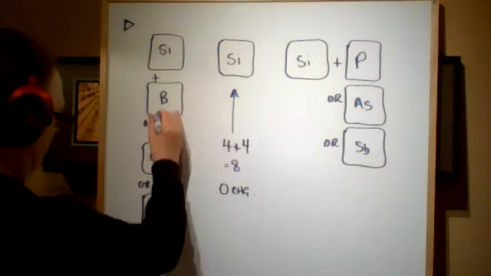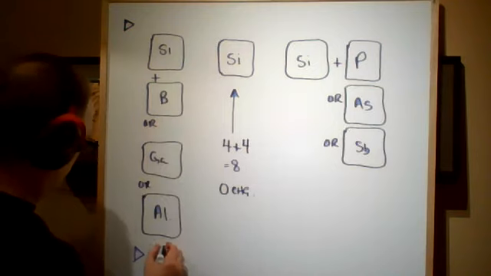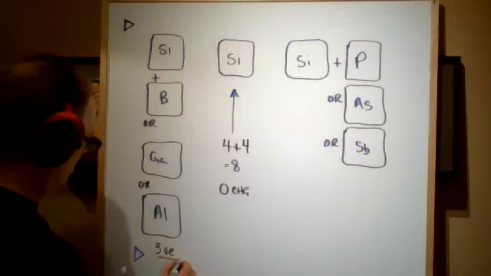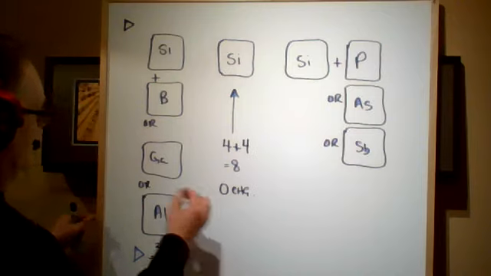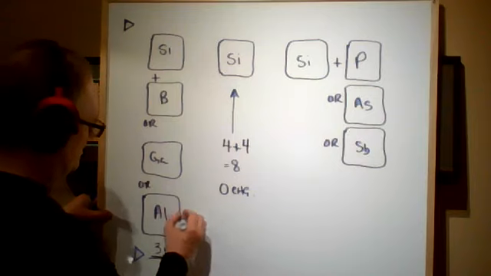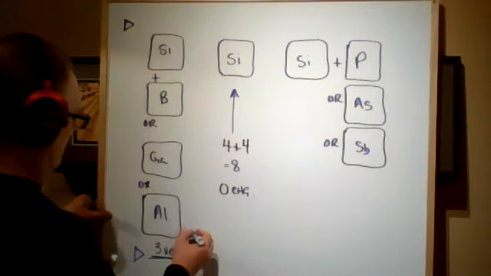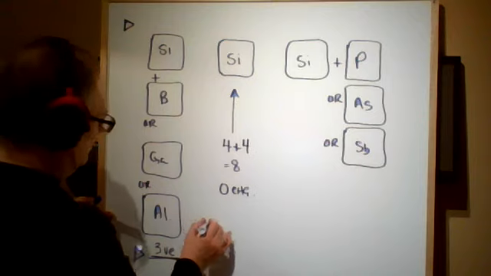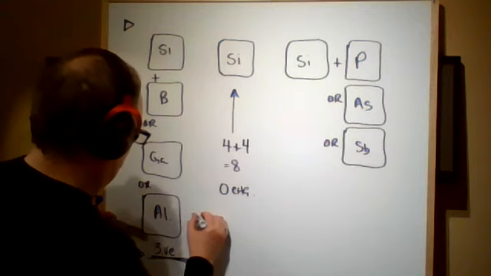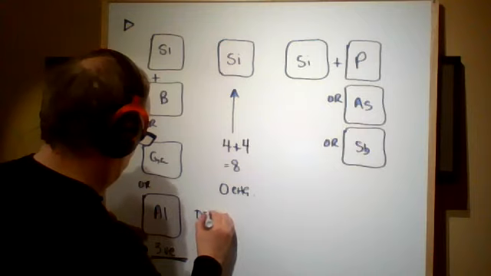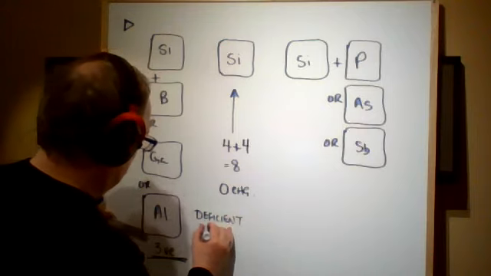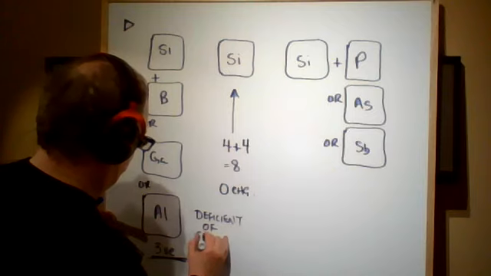These materials here all have just 3 valence electrons. And so what would happen is we would wind up with a material that overall would be missing a few electrons. So we would say it is deficient of electrons.